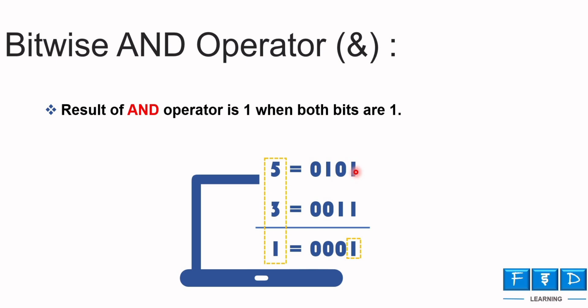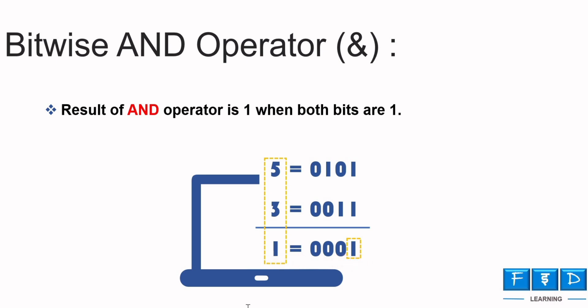So 1 and 1 equals 1, 0 and 1 equals 0, 1 and 0 equals 0, and 0 and 0 equals 0. The result of AND is 1 only when both bits are 1, so in the fourth position you can see 1. The result of 5 AND 3 is 0001, which represents the decimal number 1.